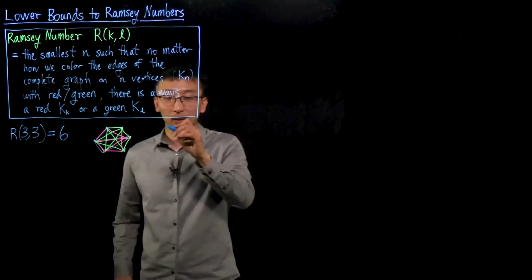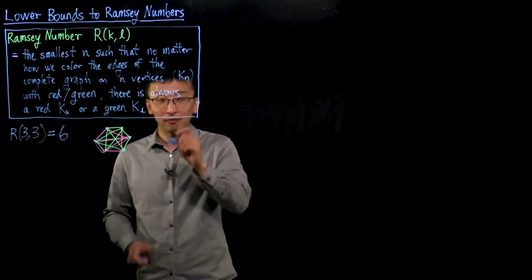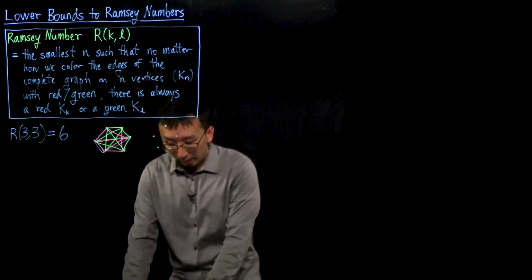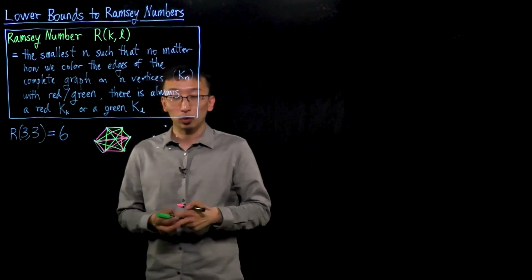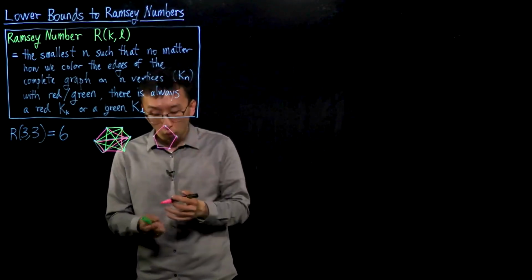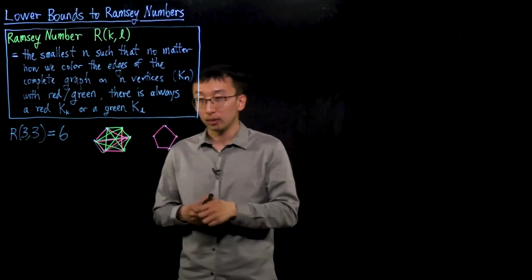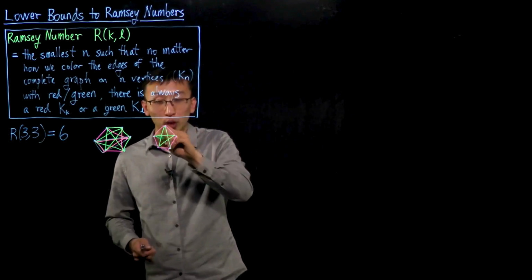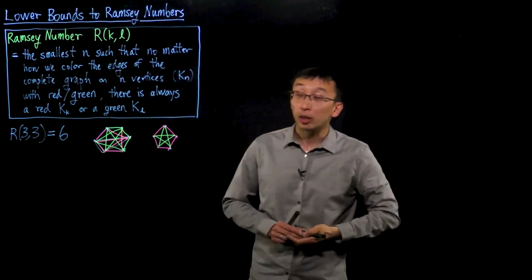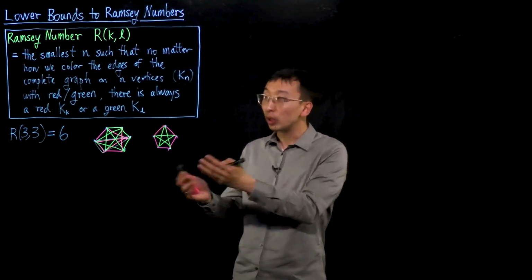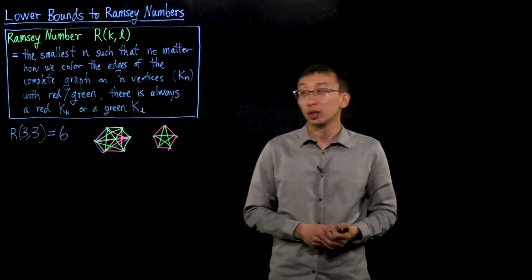On the other hand, if we start with only 5 vertices, then it is possible to color the edges with one of 2 colors so that there's no monochromatic triangle. Okay, so this is what it means for R(3,3) to be 6.